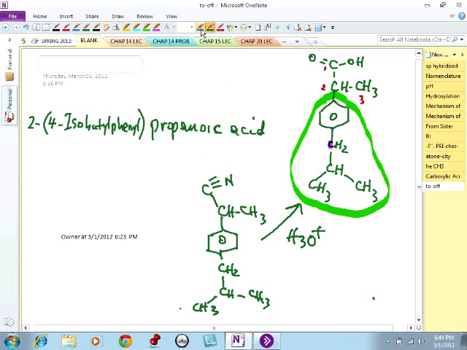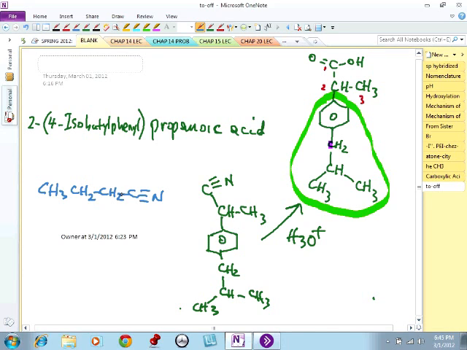Now for the nomenclature of nitriles, let us start with a simple molecule. If we have this, this is a simple nitrile. To name the nitrile, you look for the longest carbon chain that contains the carbon of the carbon-nitrogen triple bond.